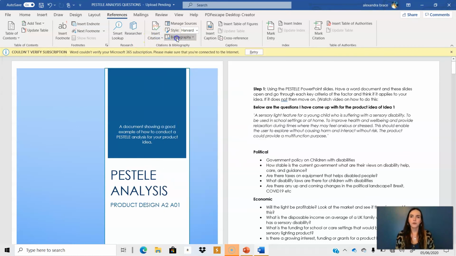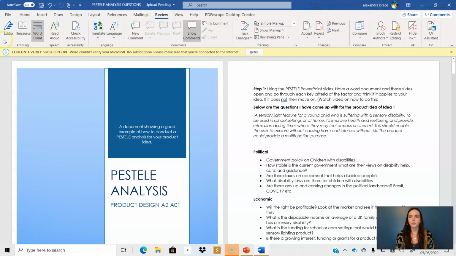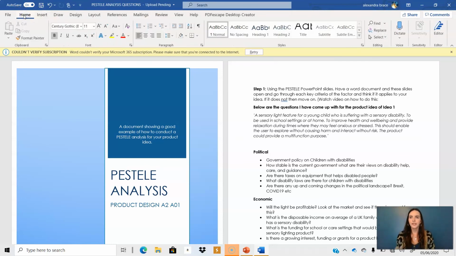It will give you a bibliography, and you can insert captions. And then you've got the review as well. So the editor I recommend, the thesaurus if you're looking for other types of words. And there's lots of other changes that you can make on here. So really take advantage of all of those features that Word has.